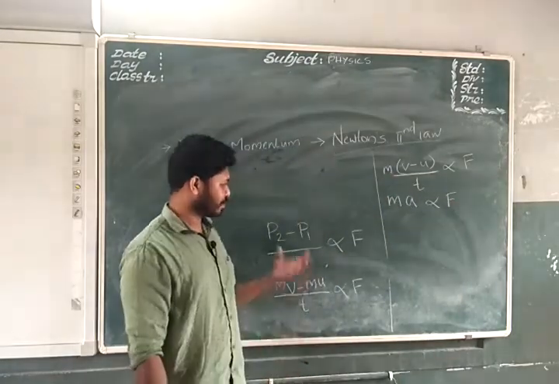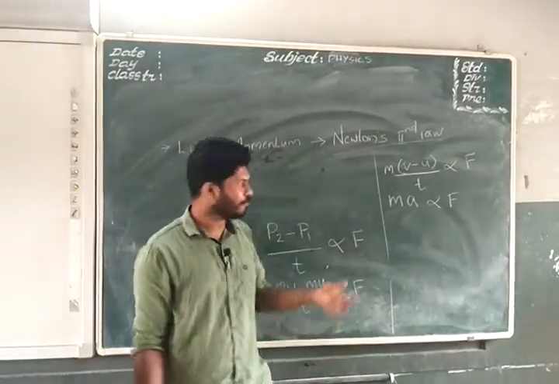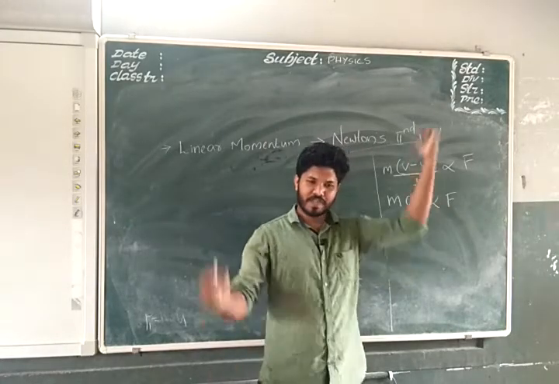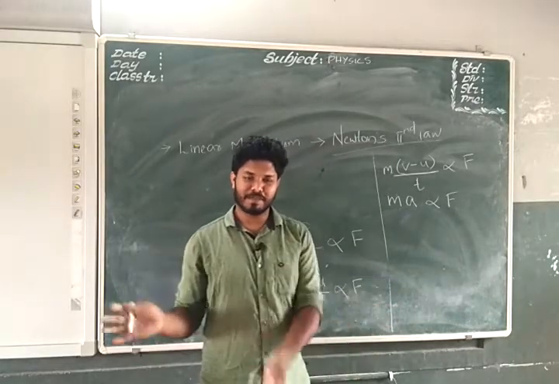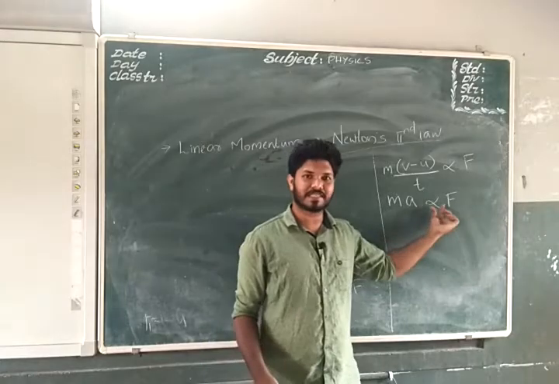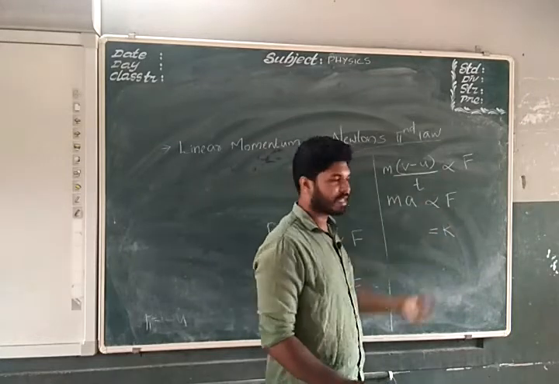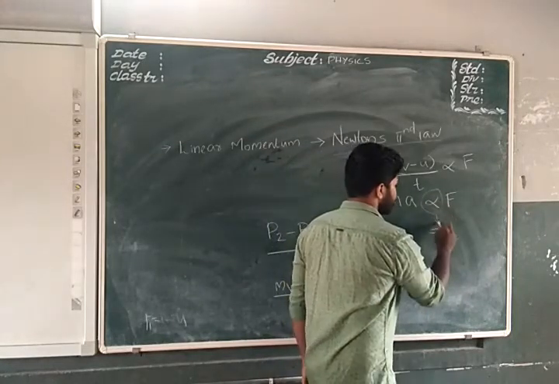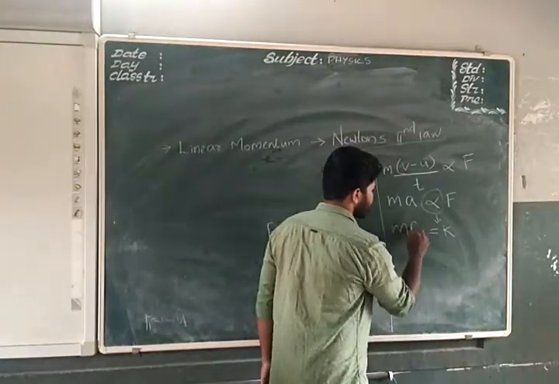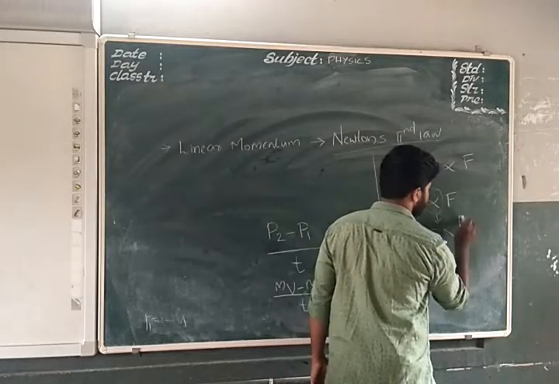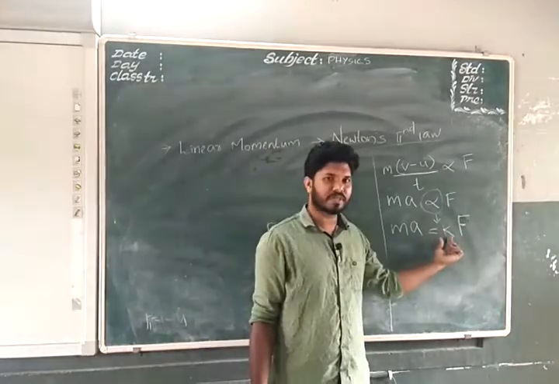See here, from this big equation we reach ma proportional to F. Now we have to remove this proportional sign. Whenever we are removing a proportionality sign, let it be in mathematics or physics or chemistry, you will be introducing a constant. Instead of the proportionality sign, we will be introducing an equal to sign and a constant along with it. That is, our equation becomes ma equal to k into F. Why are we putting this equal to and k together?